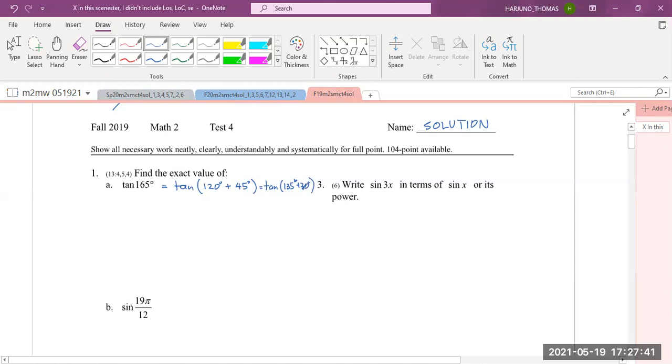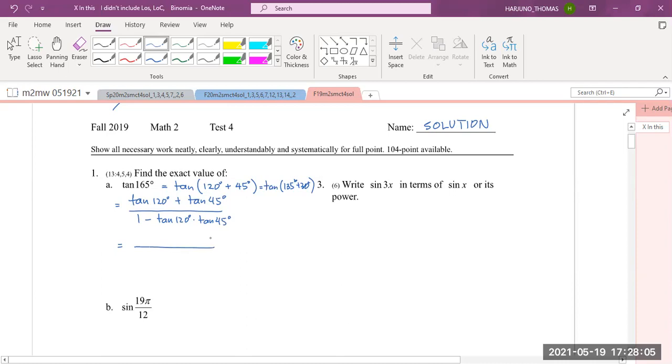Either one. Let me use the first one. So tangent of A plus B is tangent A plus tangent B over 1 minus tangent A times tangent B.